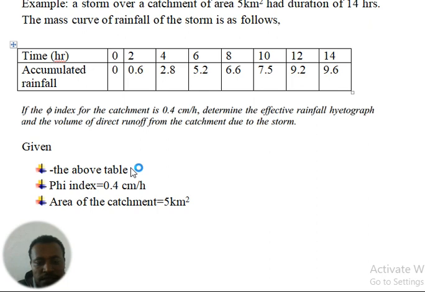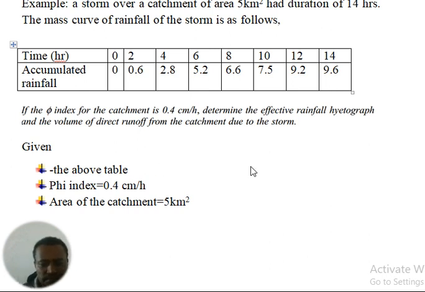From the above examples, there is an example of how to determine the effective rainfall hyetograph and the volume of direct runoff from the catchment area due to a storm. Given the above table, that means the time versus cumulative rainfall table, and the phi index is equal to 0.4 centimeter per hour, and also the area of the catchment area is 5 square kilometers.